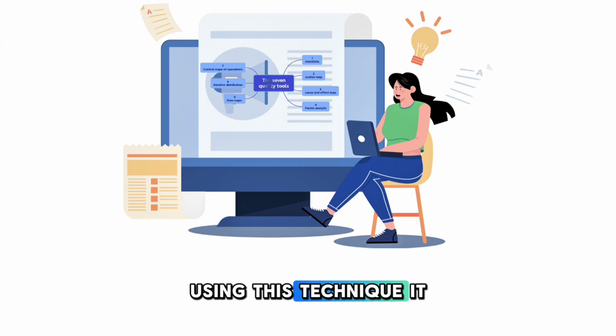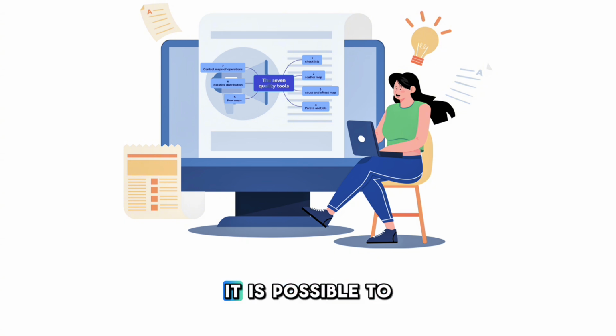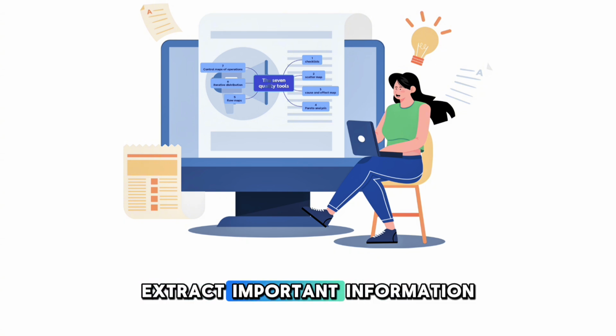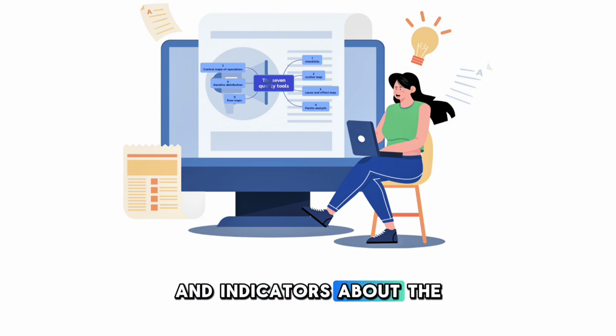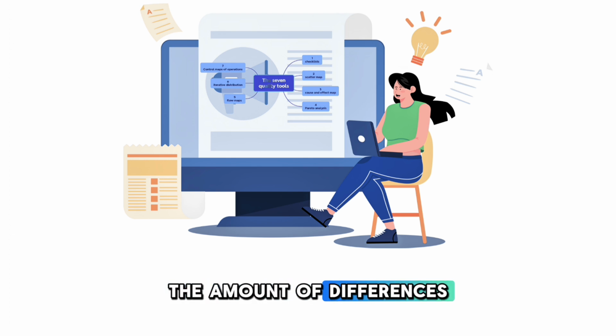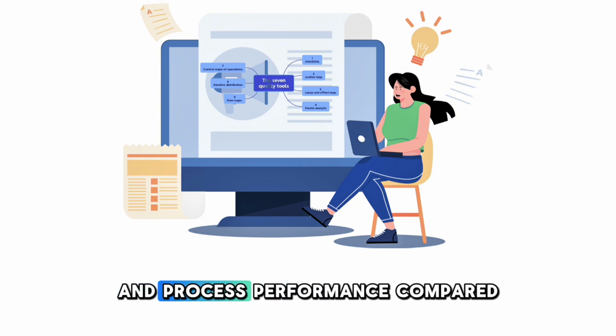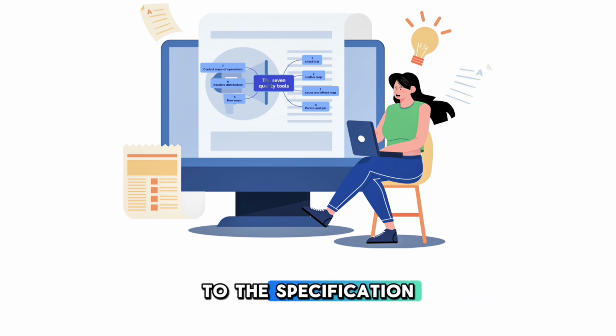Using this technique, it is possible to classify the collected data into several categories and calculate their frequency, from which it is possible to extract important information and indicators about the quality of the product or service, such as the average value of the data, the amount of differences in the data, and their dispersion, as well as judging the quality of the output and process performance compared to the specifications specified by the customer.